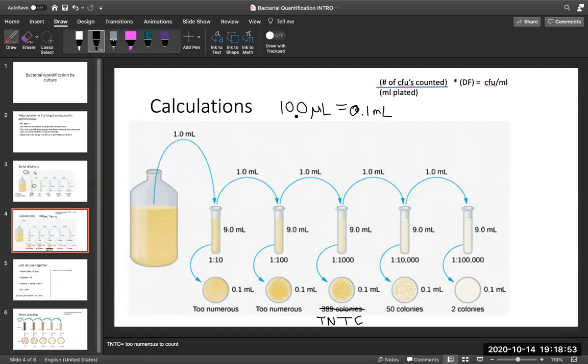So sometimes Labster will tell you that you plated 100 microliters, and sometimes it'll tell you that you plated 0.1 milliliters. And so just remember that that's the same thing.